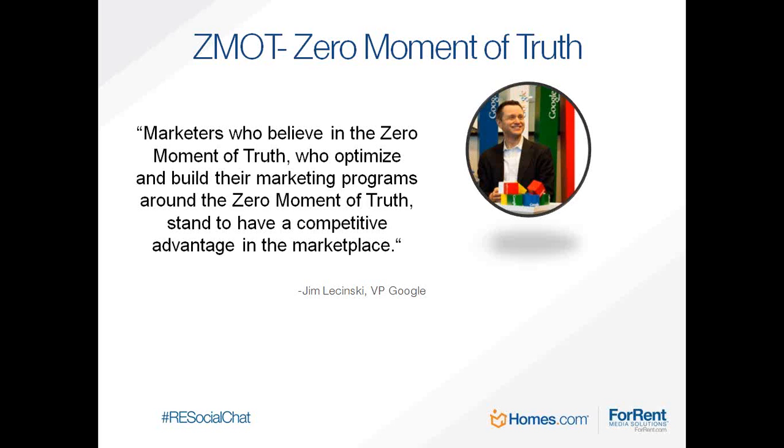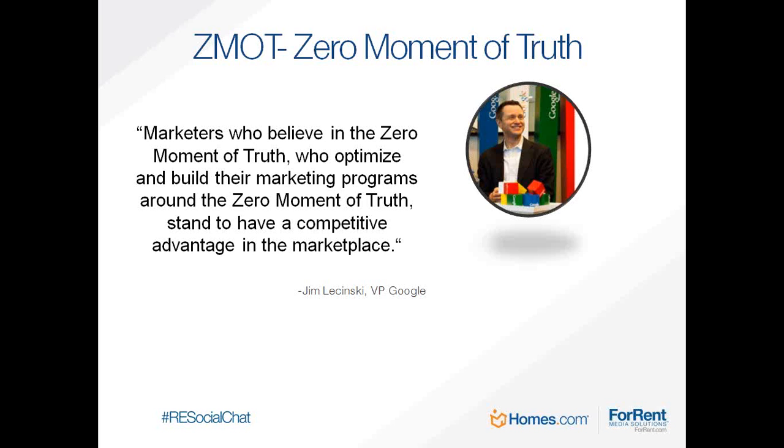So as it relates to real estate, we're seeing how search engines are playing a pretty critical role in the zero moment of truth. And one stat that really stands out to me out of all of these is that almost 70% of homeowners and home shoppers who take action on a real estate brand website begin their search with a local term like Atlanta homes for sale. And from there, they're able to specify their results.